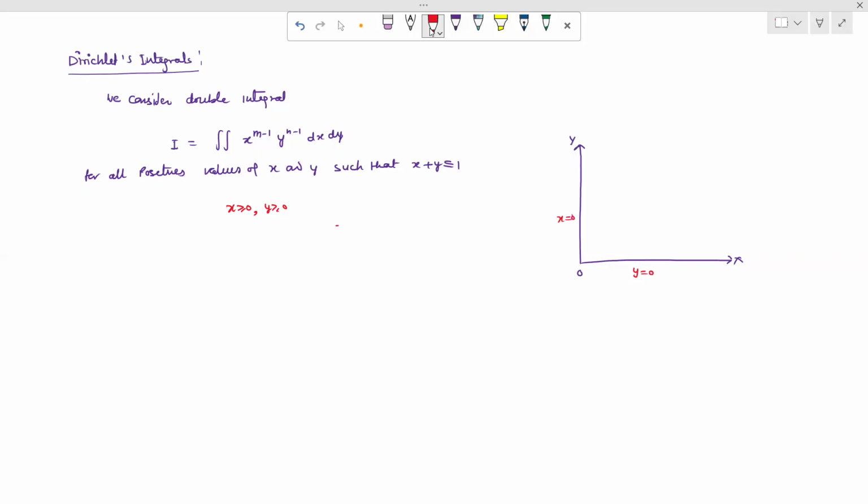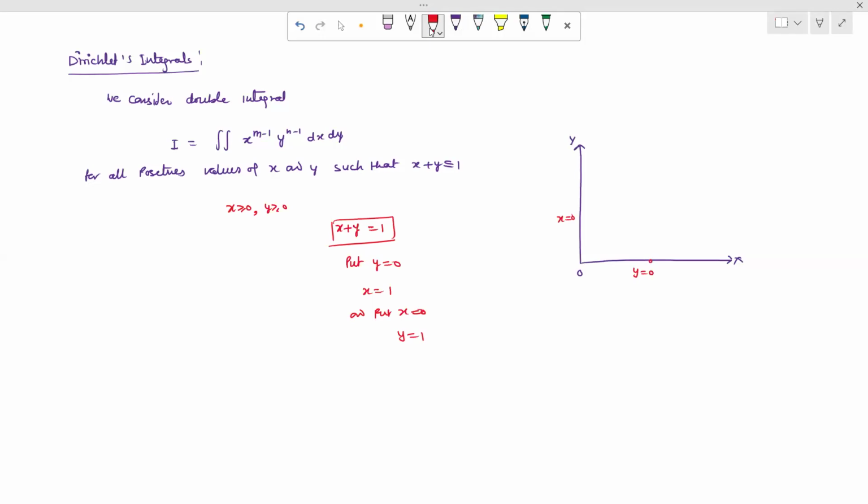Now we have the equation x plus y equal to 1. So when we find the coordinates, first we put y equal to 0, which gives us x equal to 1, and put x equal to 0, we get y equal to 1.